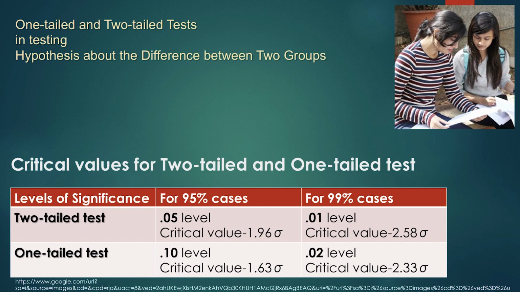At the same time, the value of Z scores in case of a one-tailed test is calculated by using 10% and 2% cases. I found that with this discussion, Anjali and Pooja got an insight into the significance and the use of one-tailed and two-tailed tests for testing their hypothesis.